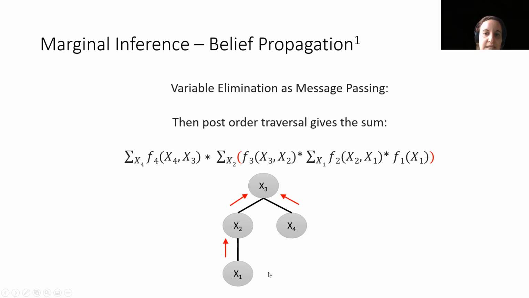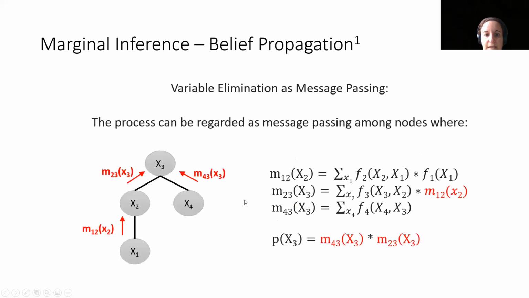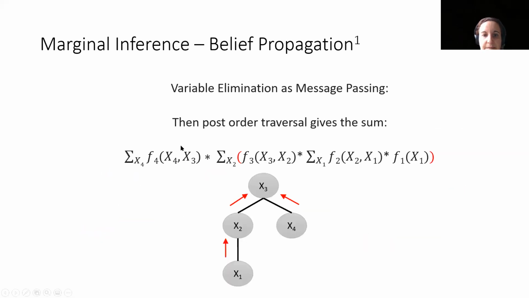So we'll see which formula has x1, f1 of x1. Exactly, I have it here. Sorry, post-order traversal, I'm wrong.